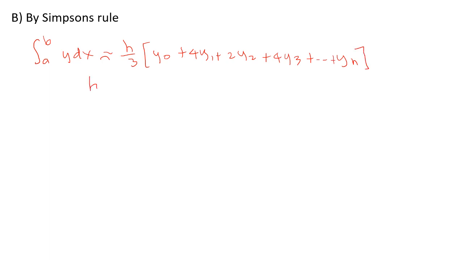Your h equals 4 minus 0 all over 4 equals 1.